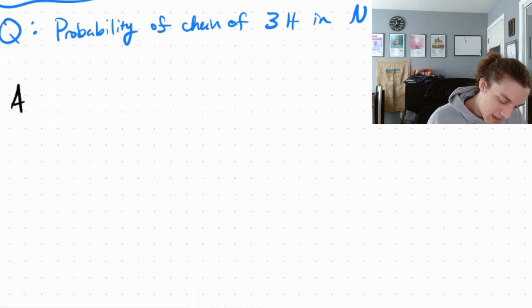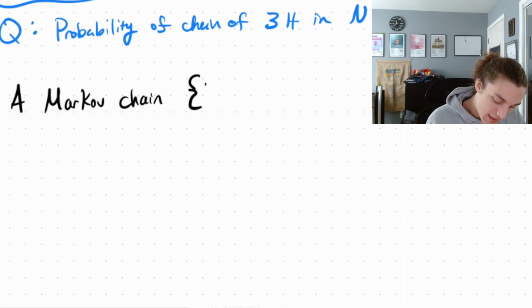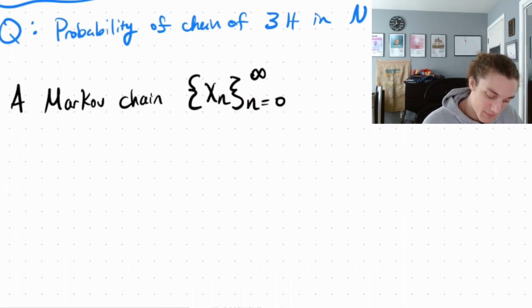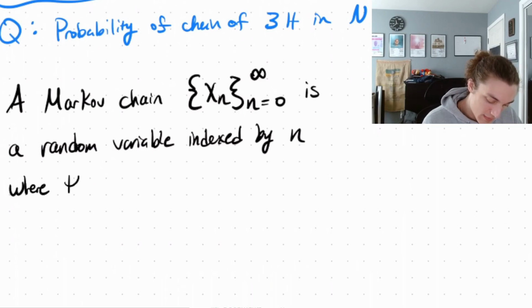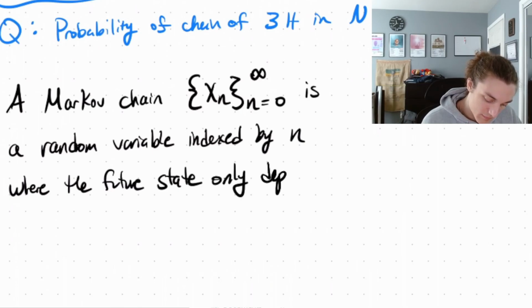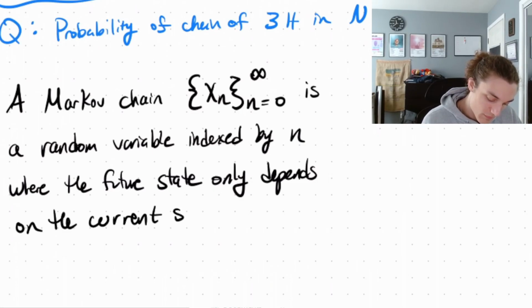A Markov chain, that is X sub n, a process starting at, let's say, 0 to infinity, is a random variable indexed by n, where the future state only depends on the current state. Okay?